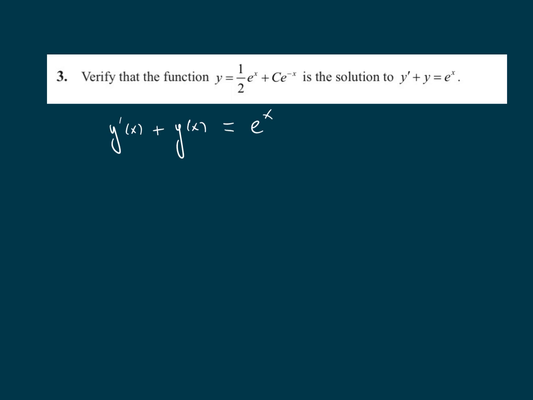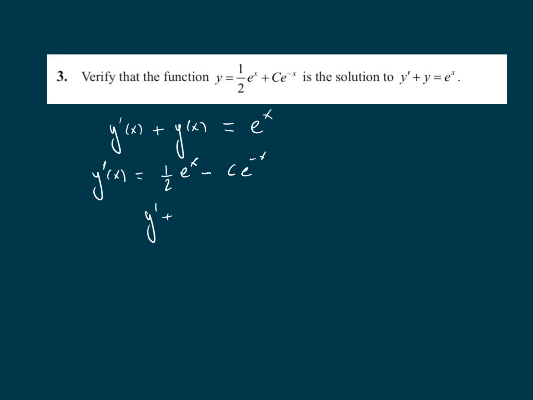They say that y of x is 1/2 e to the x plus c e to the minus x. So what is y prime of x? y prime of x is 1/2 e to the x minus c e to the minus x. Okay, so I have to add y to y prime.